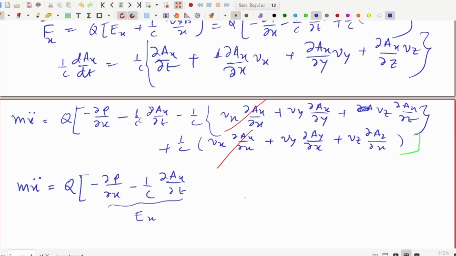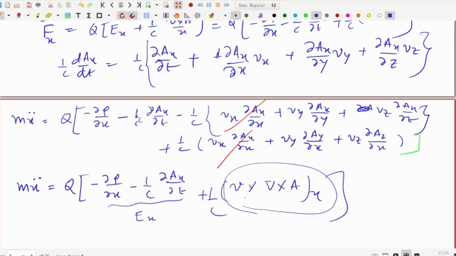So, we expect that the remaining term will be the x component of V cross curl of A, times 1 over c. If we get that, then you are through. This term we calculated in the last class, or we can see that this term is exactly these 4 terms. Okay.